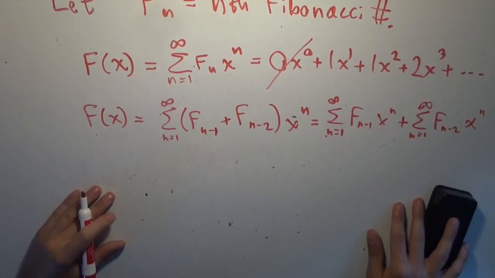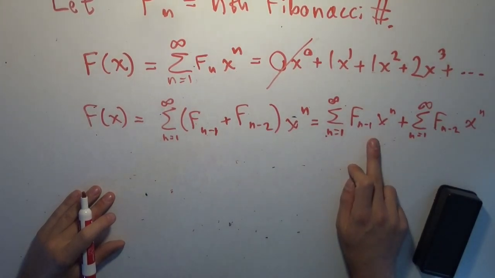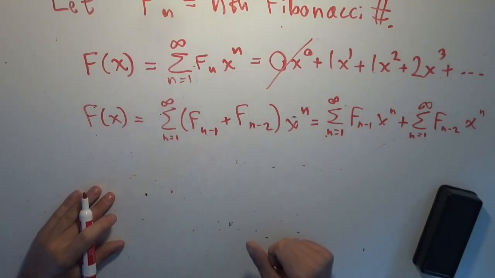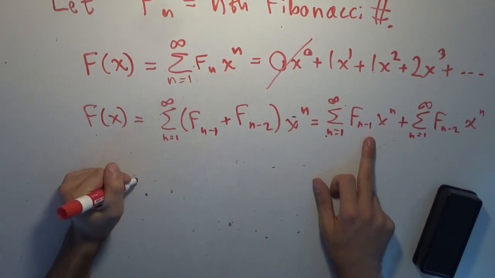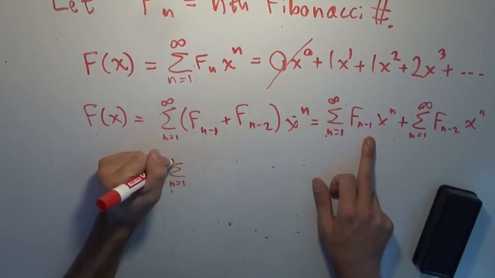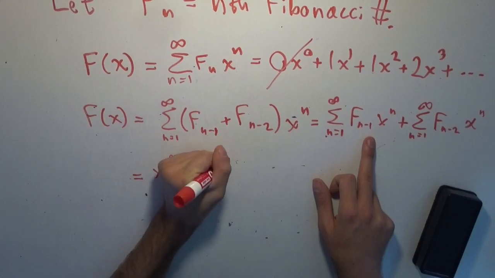Well, we can factor out x from here and sort of make these two things the same, right? That's what we'll do. We can factor out x from here. So we're going to write this as x times the sum from n equals 1 to infinity of f sub n minus 1 times x to the n minus 1.